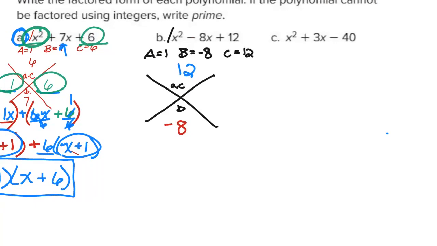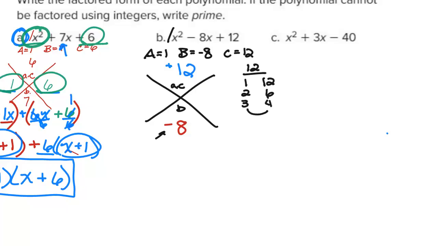So this is a positive number. This is a negative number. That means both of my factors must be negative. And the larger one is going to be negative because this is negative. So let's see. 12, I've got 1 and 12. Is 2 a factor of 12? 2 and 6. 3 and 4.